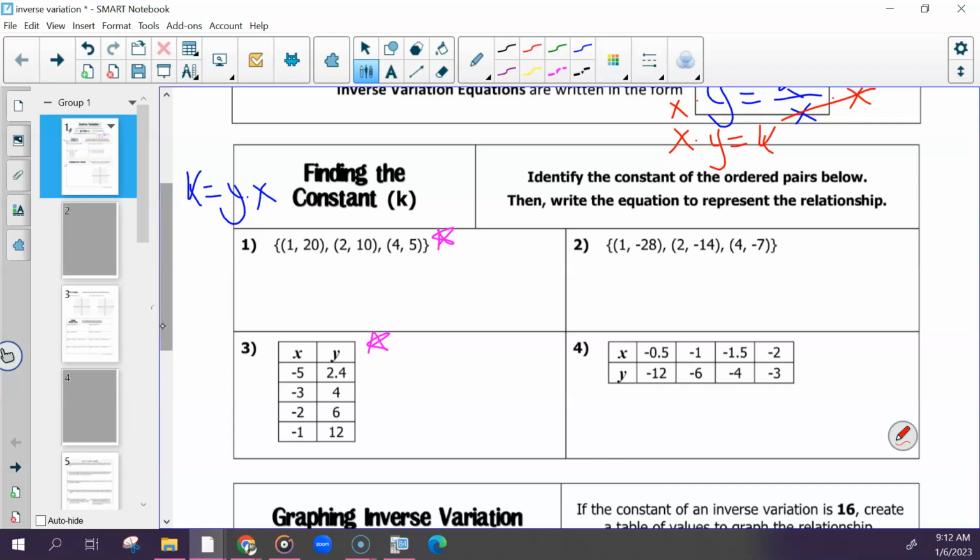So we're going to do a couple of these. Multiply these together, see if you get the same k value. When you multiply them, if they are all the same, that is indeed your k value. And we would write our equation y equals 20 over x.